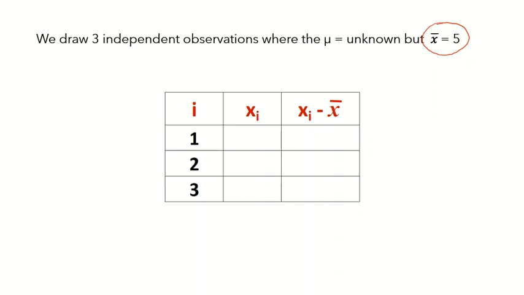Now, in this second scenario, this is where you'll most likely find yourself when you do your thesis. You wouldn't know the population mean. So, the same story, we have 3 samplings, 1, 2, and 3 on the first column. And I'm going to ask you the same questions.